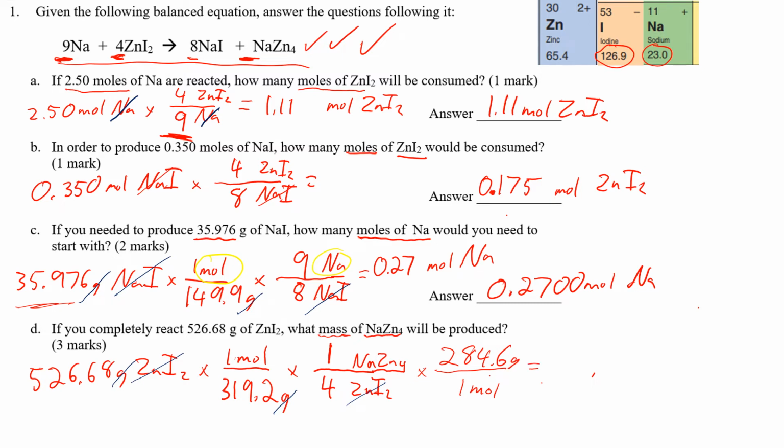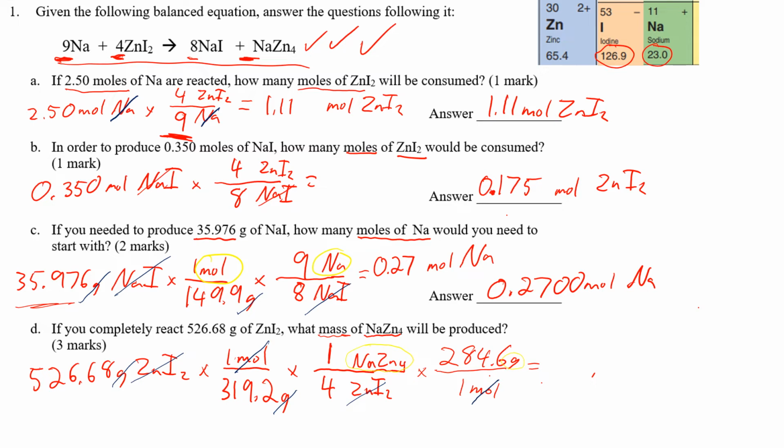Now, moles cancels with moles, and my only unit that is left is NaZN4 in grams, so grams of NaZN4. So I throw this into my calculator, 526.68 divided by 319.2 divided by 4 times 284.6.